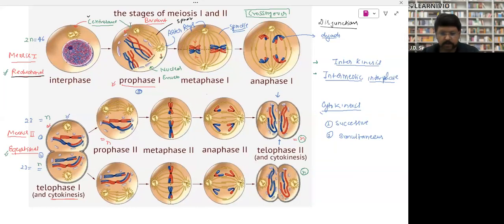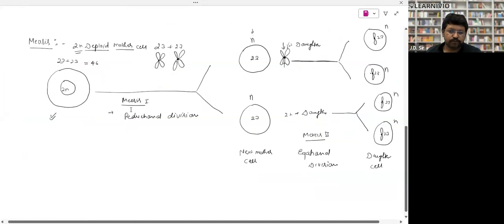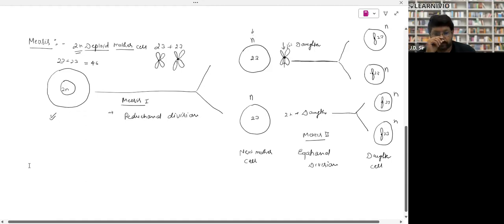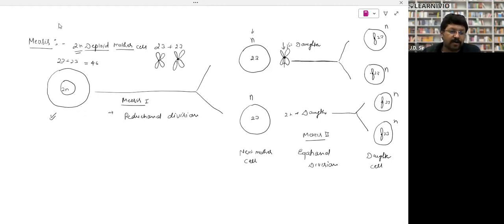Meiosis first is called reductional division because the number of chromosomes gets halved.